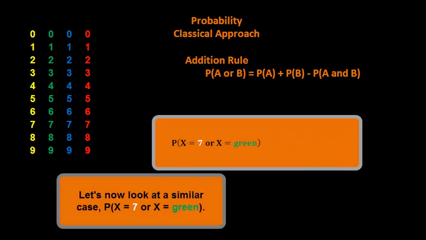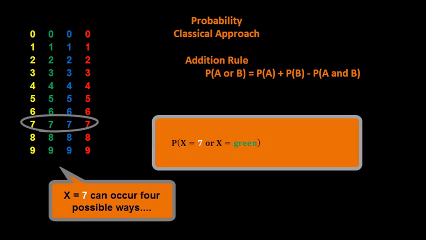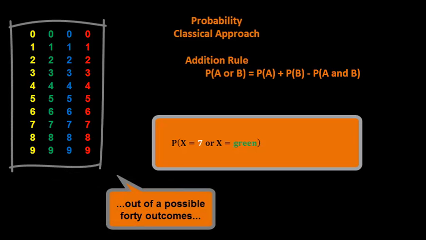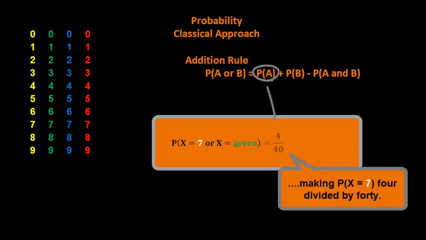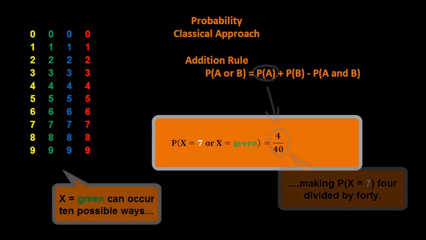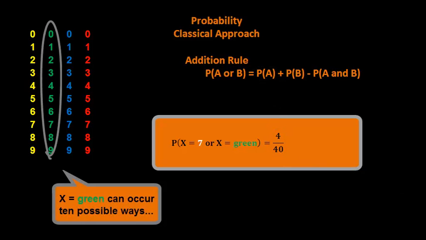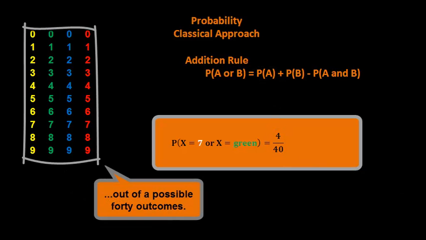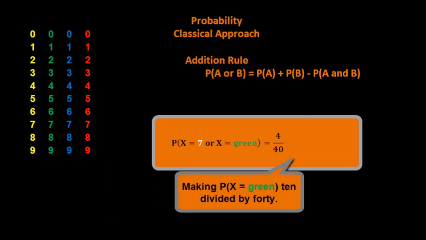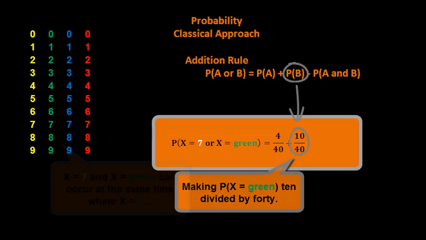Let's now look at a similar case, the probability of x equals any 7 or x equals any green. X equals any 7 can occur 4 possible ways out of a possible 40 outcomes, making the probability of x equals any 7 4 divided by 40. X equals any green can occur 10 possible ways out of a possible 40 outcomes, making the probability of x equals any green 10 divided by 40.